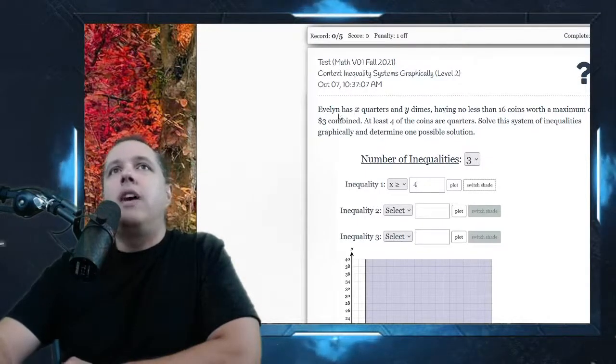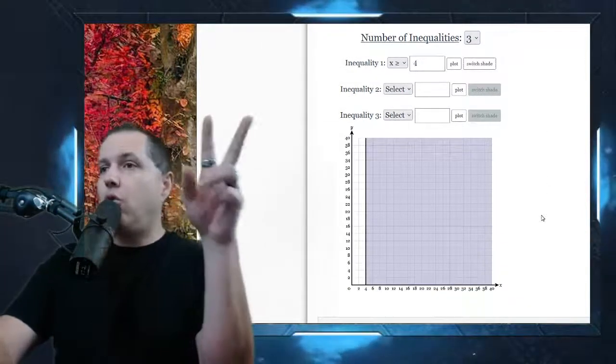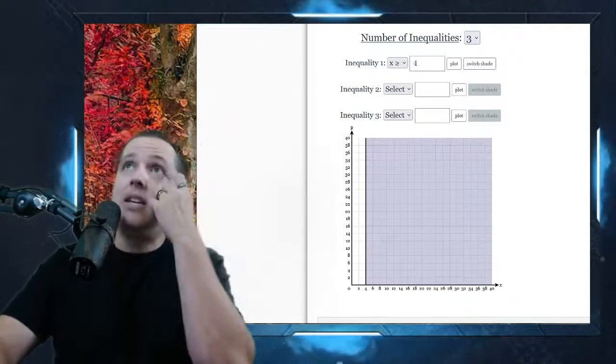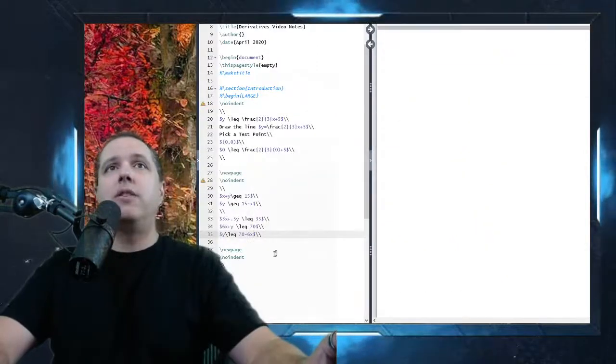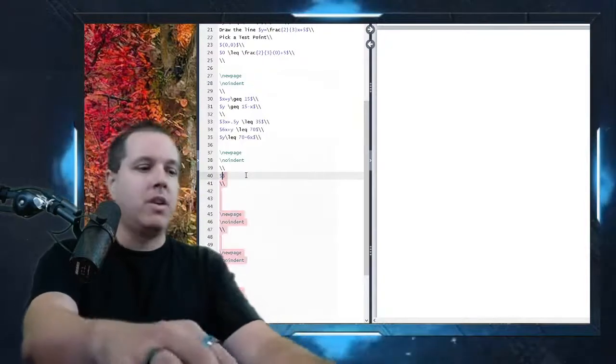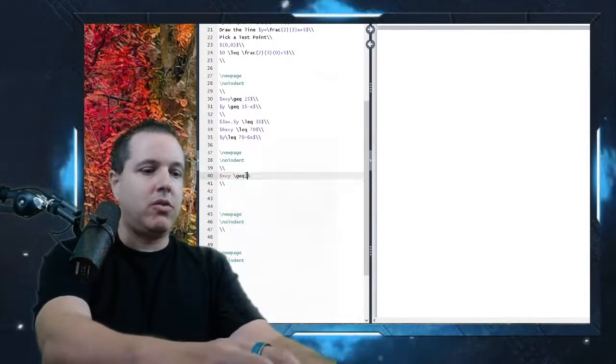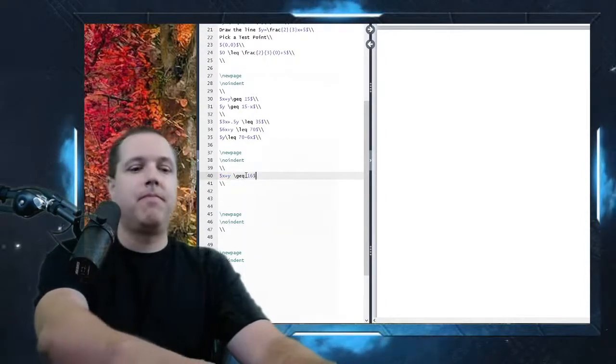All right. Evelyn has X quarters and Y dimes having no less than 16 coins. Okay, so that means her total coins has to be at least 16. So now we'll just go over here. That means that X plus Y has to be greater than or equal to 16.